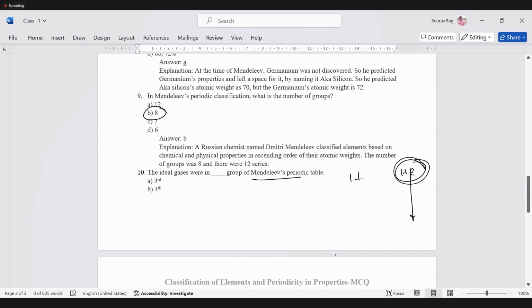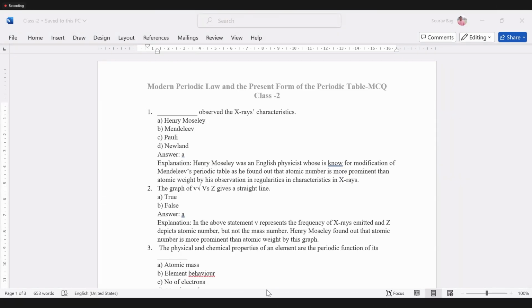Similarly, if I discuss another MCQ question, just give me time. Okay, so that one is for the class 2 MCQ.